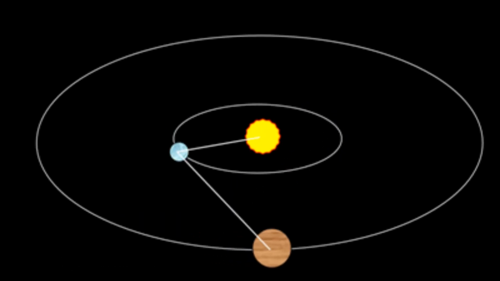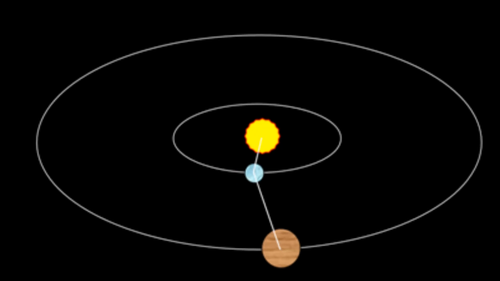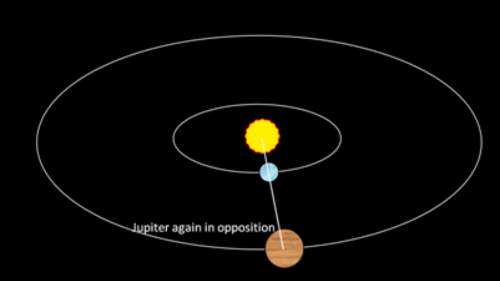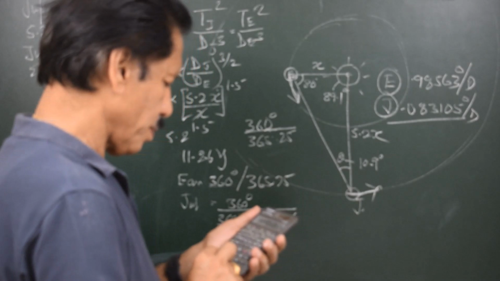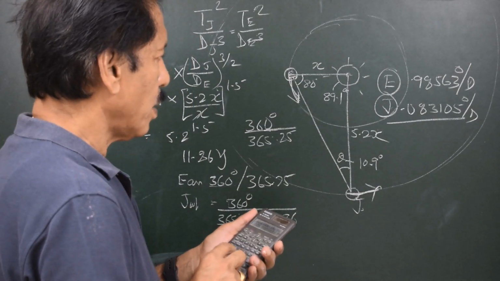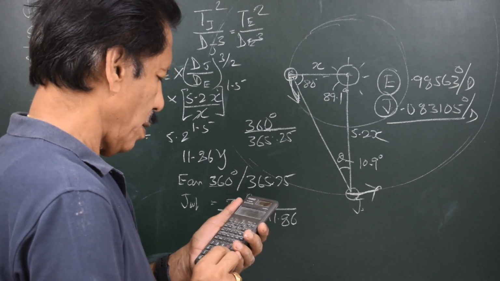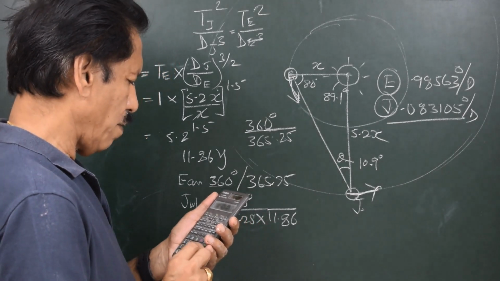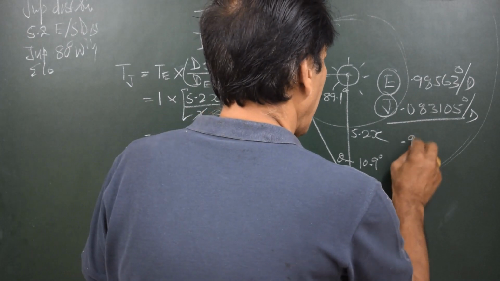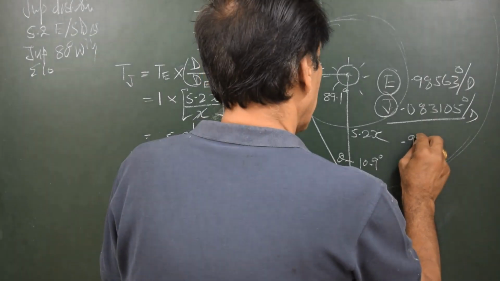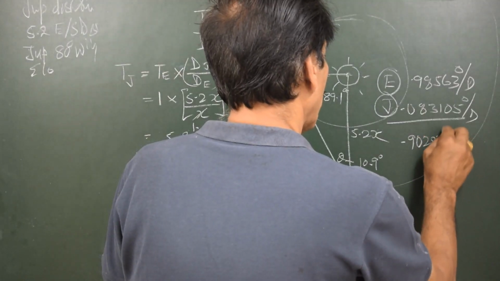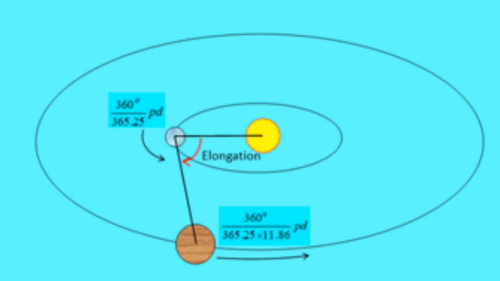What is the difference? The difference of the rate is 0.90252 degrees per day.